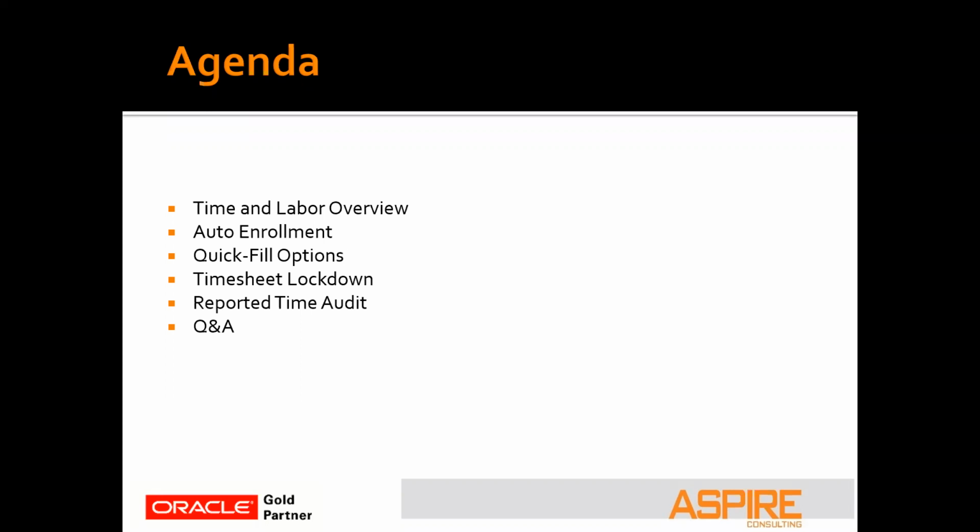Last piece we'll look at is the fluid reported time audit page. This was also recently added, so we'll take a look at some examples in there of how the audit data for reported time can be viewed through the fluid interface.